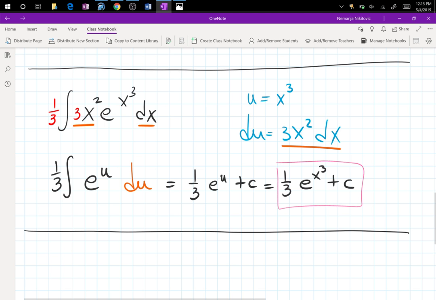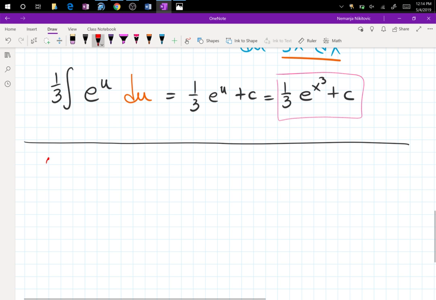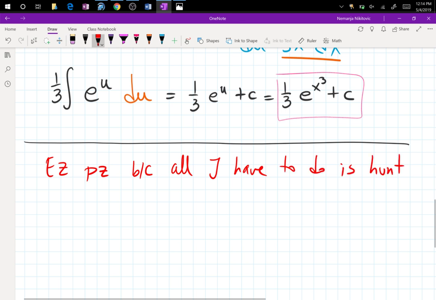Now, in my humble opinion, I would say straightforward. All I need to do is to hunt for function derivative pair. I'll write that here in blood. Easy peasy, because all I have to do is hunt for function derivative pair.